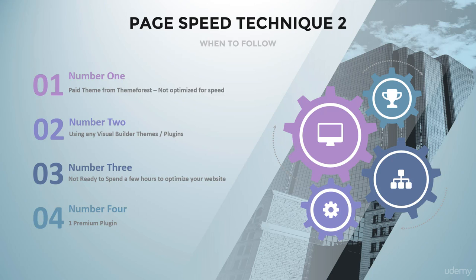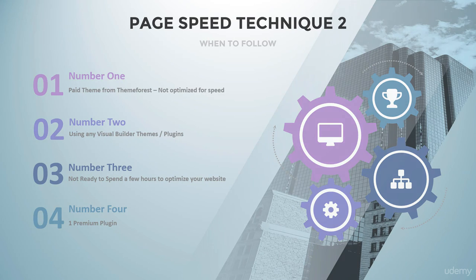If you ask me why this technique involves a premium plugin, then my answer is a website becomes heavy or large in size because of the usage of poorly coded themes or plugins which are often premium. So the logic here is, if a user or student prefers a premium theme, then he or she doesn't mind opting for a premium plugin to optimize the theme, isn't it?